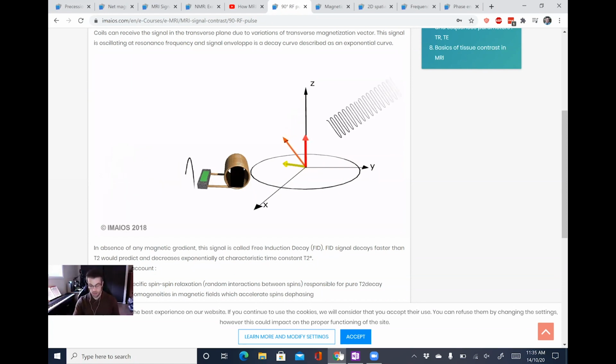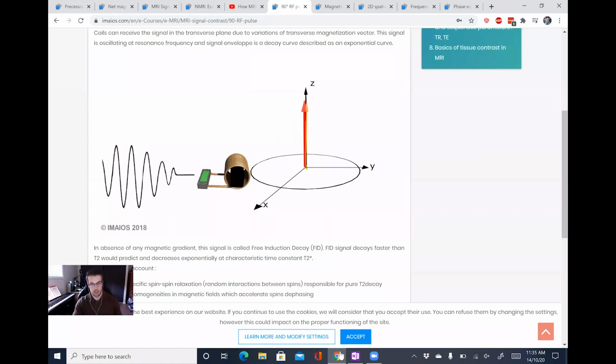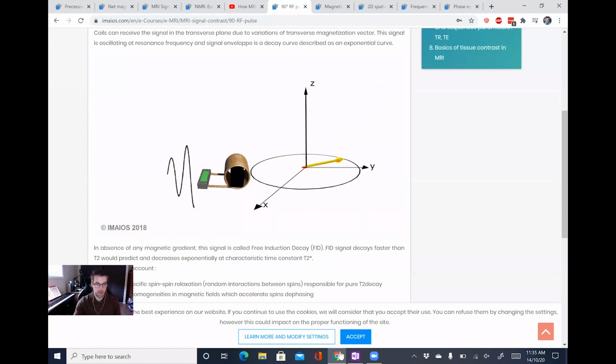And then over time, that yellow component, which is the magnitude in the XY plane, the transverse component of the NMV, is decreasing, right? And it turns out that happens quite quickly. And we'll get into the mechanics behind it next session as well. But you can see here that the yellow arrow is decreasing in magnitude.